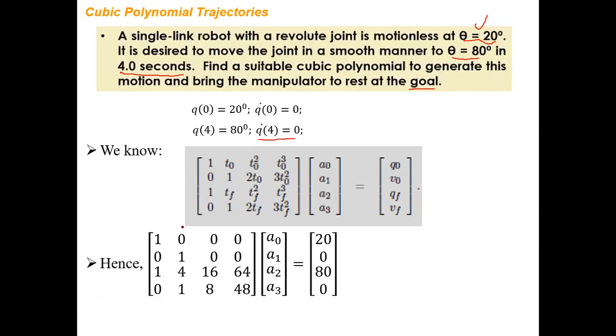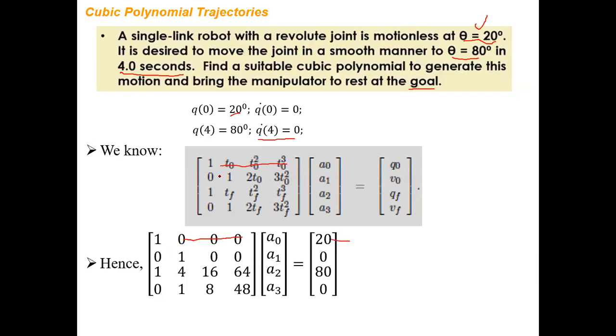So 1 is 1. What is T0? T0 is 0. Since T0 is 0, you have all of them 0 here, because you have T0, T0 squared, T0 cubed. Then what is your Q0? Q0 is 20, that's my 20 here.